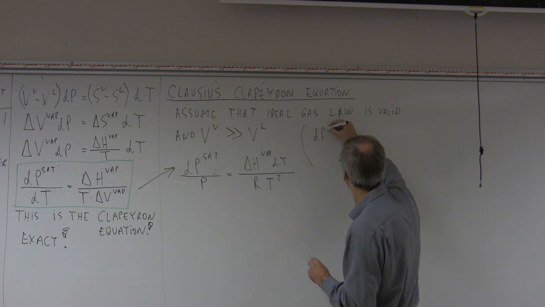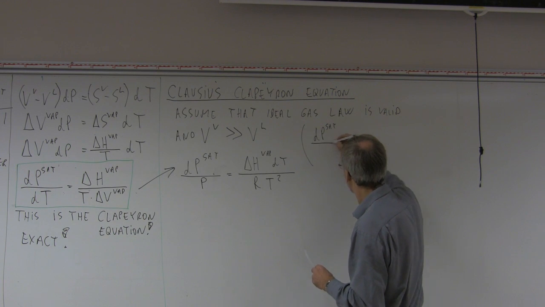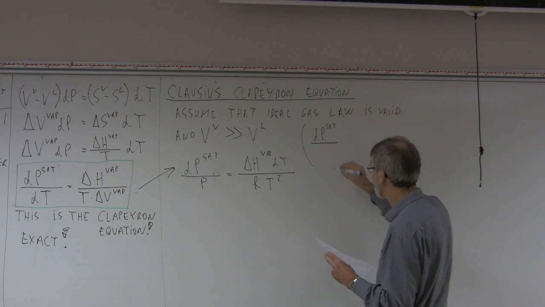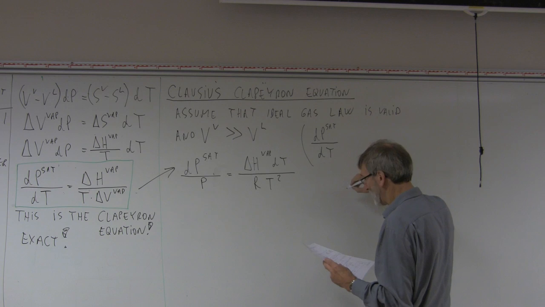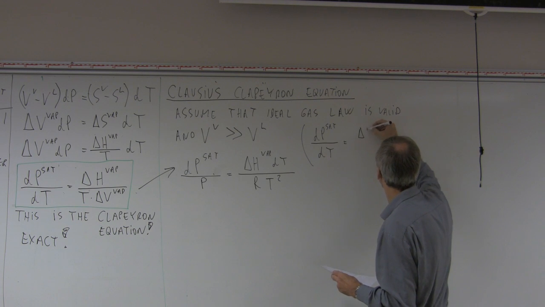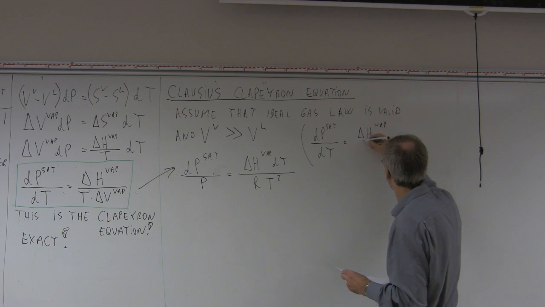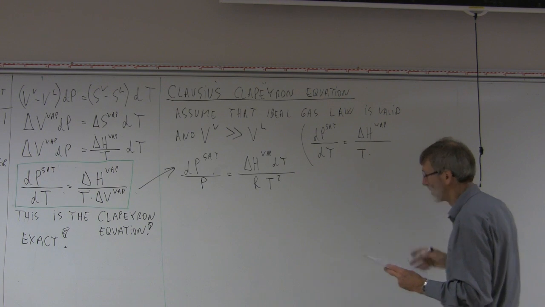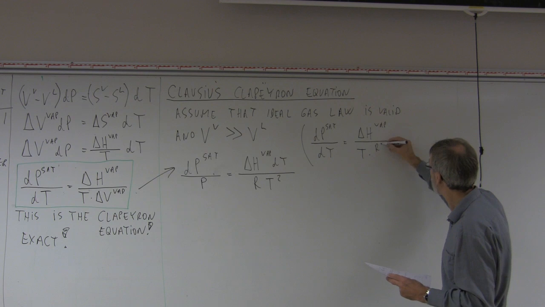What I could put directly in from here is that dP sat dT equals delta H vap over T times RT over P.